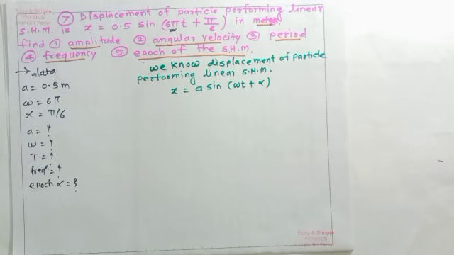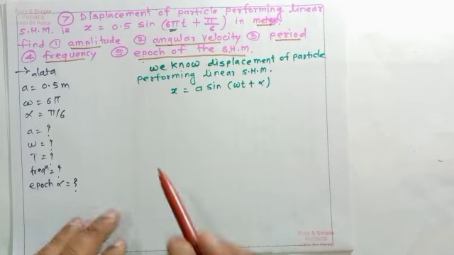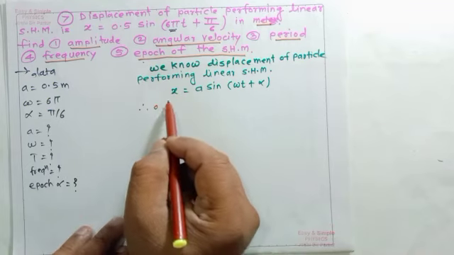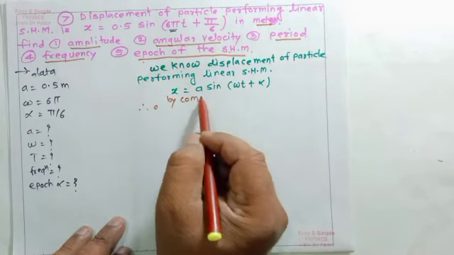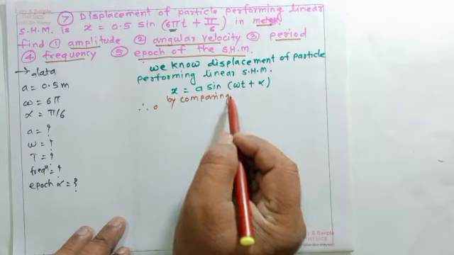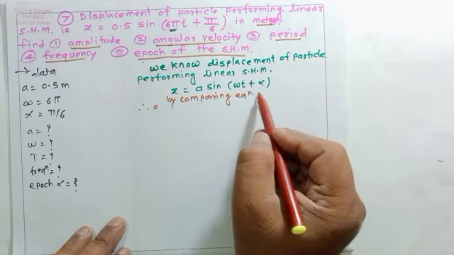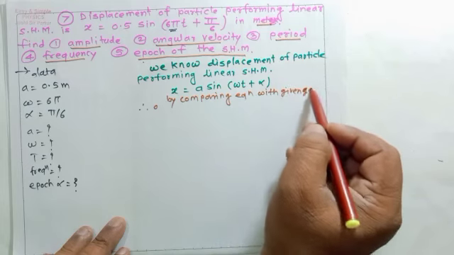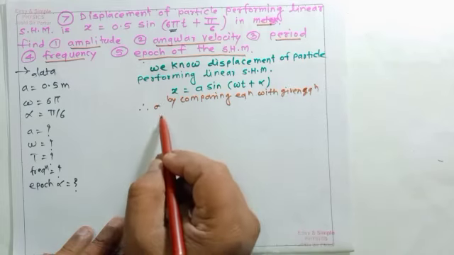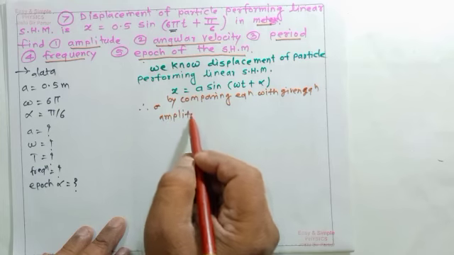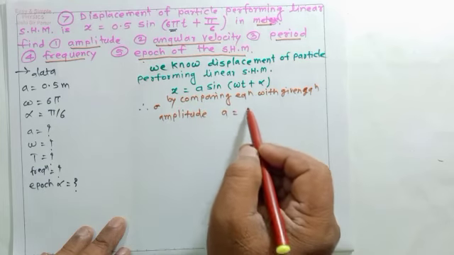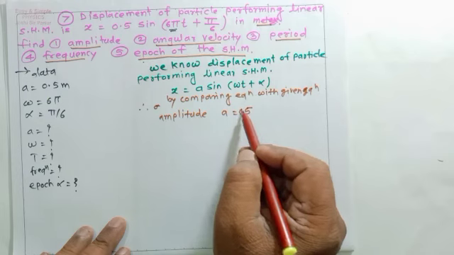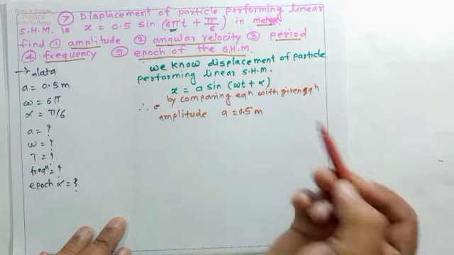So first of all, the answer for the first, amplitude. Therefore, by comparing the equation with the given equation, the amplitude is 0.5 meter.